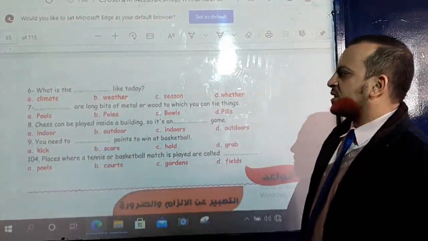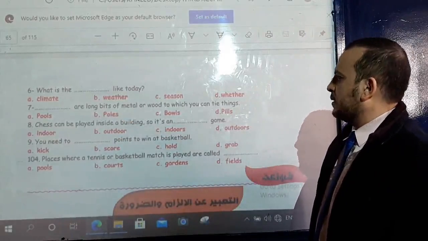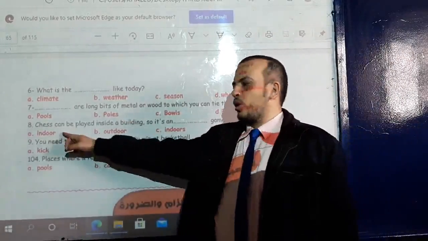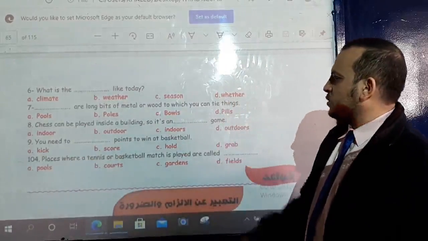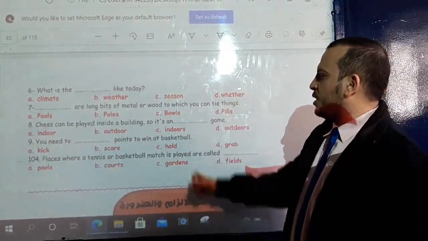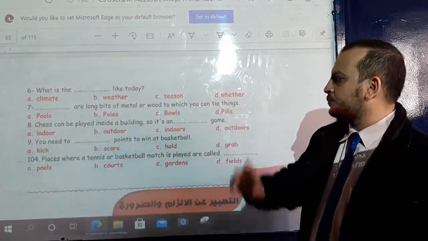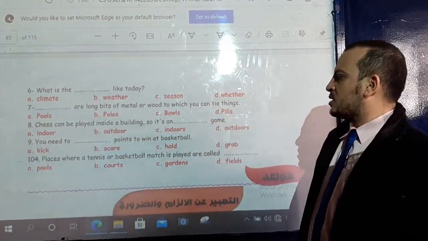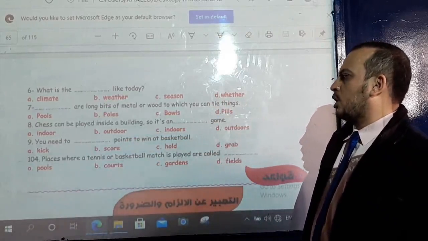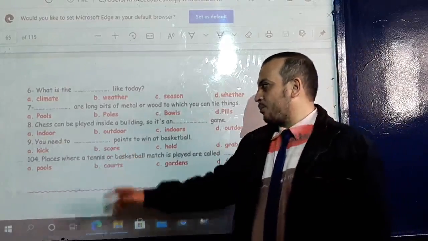Chess can be played inside the building, so it's an indoor game. Why didn't we take indoors? Indoors comes at the end as an adverb. But now we need here an adjective. Indoor is an adjective, but indoors is an adverb. You need to score points to win at basketball. Score points, not kick points, hold points, or grab points. Score points.